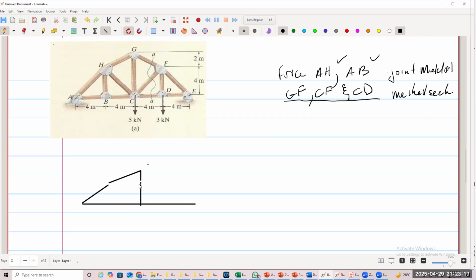And then you will have one somewhere here, like that. I'm actually using my mouse, not even my pen, in the interest of time.